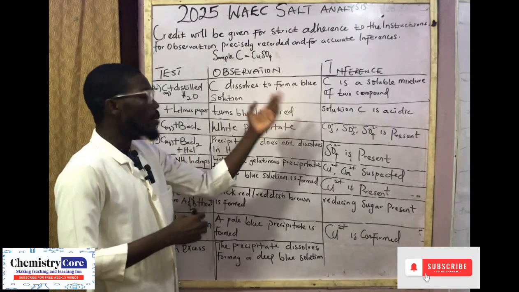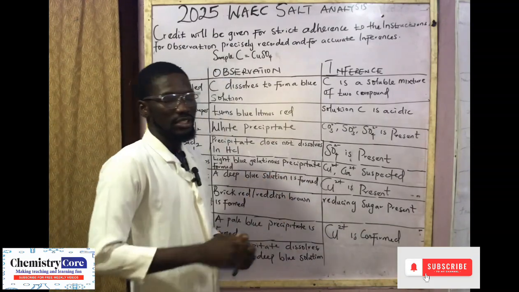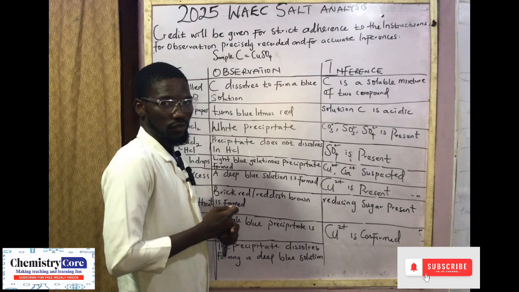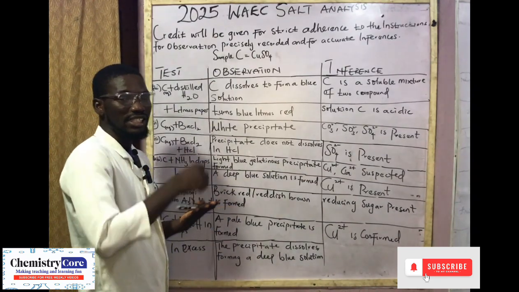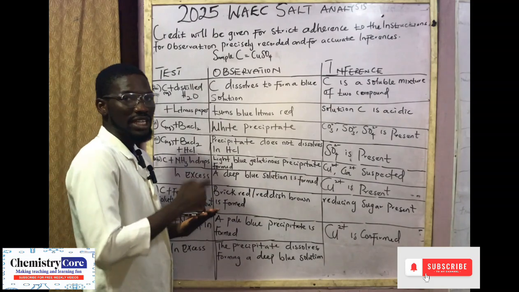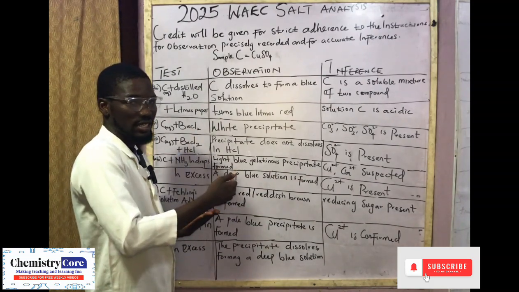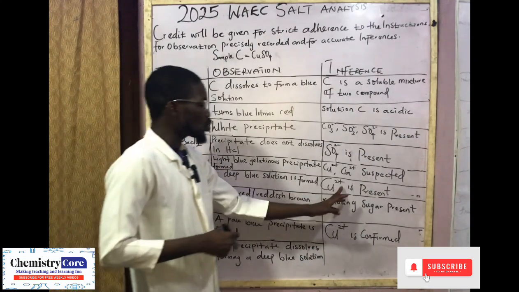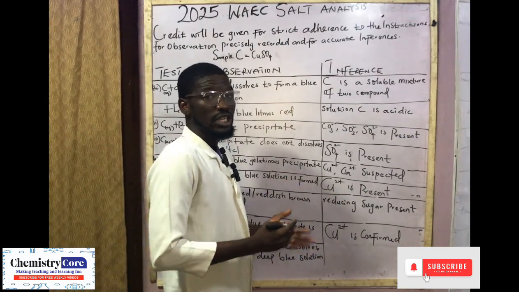With that, copper or calcium is suspected. And the next one is that same portion that you have added ammonia to in drops; you have to add more ammonia to it, in excess. And with that, copper(II) is confirmed, or copper(II) is present.